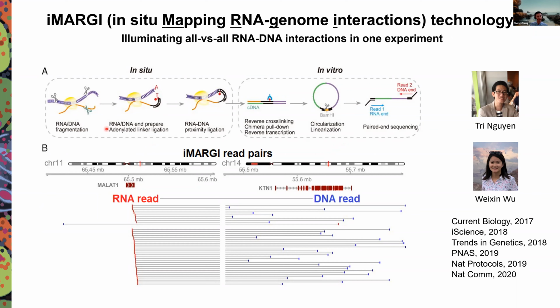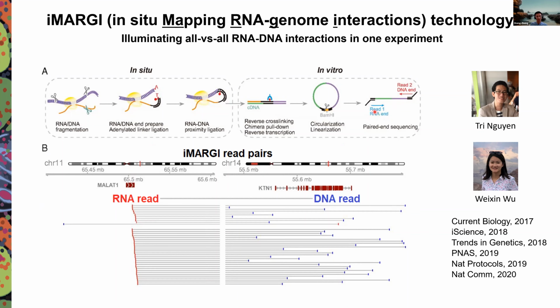The way that Wei-Xing and Trinh did this was to introduce a linker that is ligated to one end of the RNA, and through another round of proximal ligation, if there is DNA in the spatial neighborhood of this RNA, then this linker will be ligated to the proximal DNA fragment as well, thus forming an RNA-linker-DNA chimeric sequence. Then in a few subsequent steps, this chimeric sequence is converted into double-stranded DNA suitable for typical next-generation sequencing.